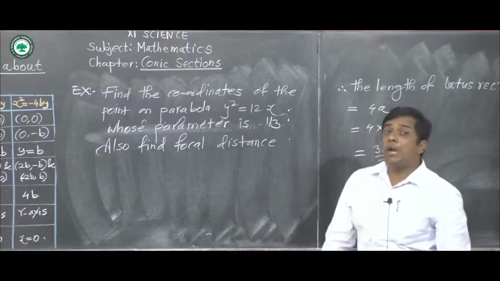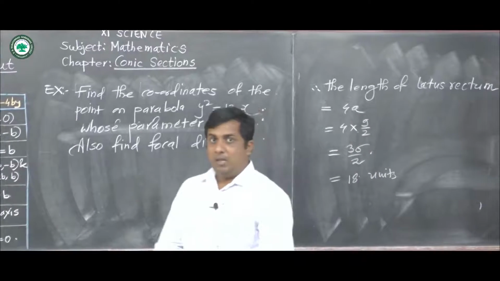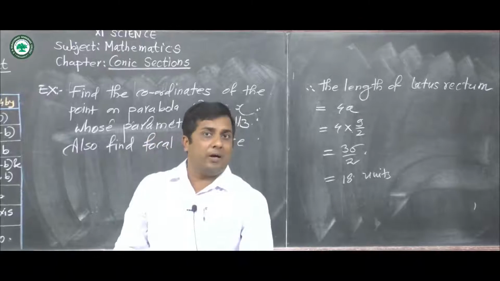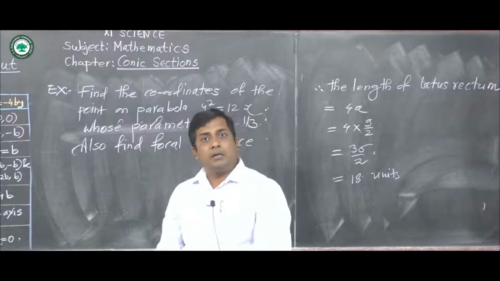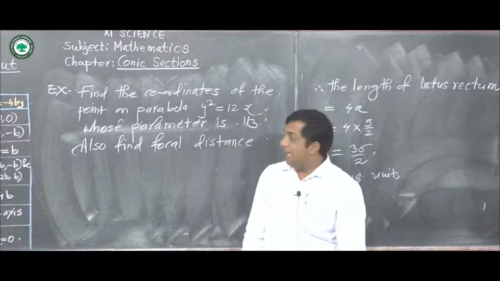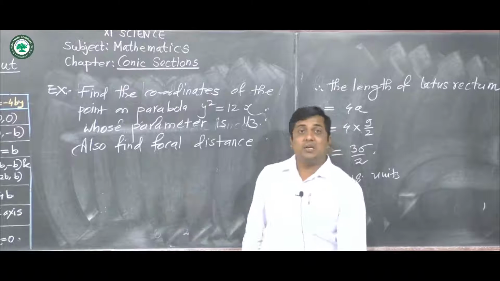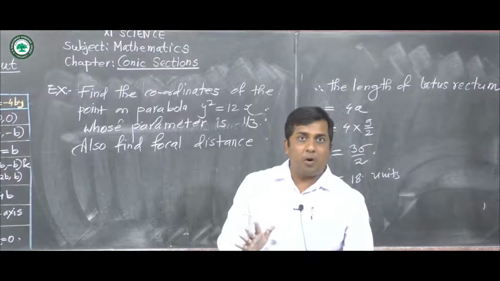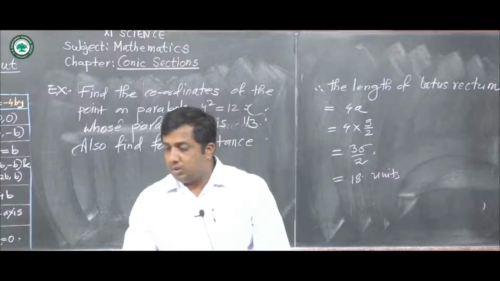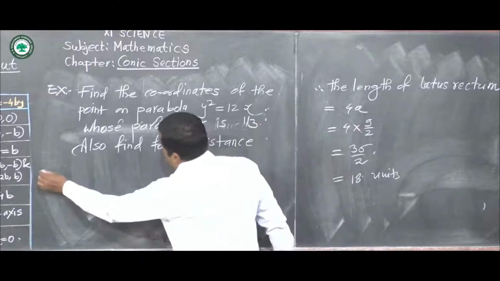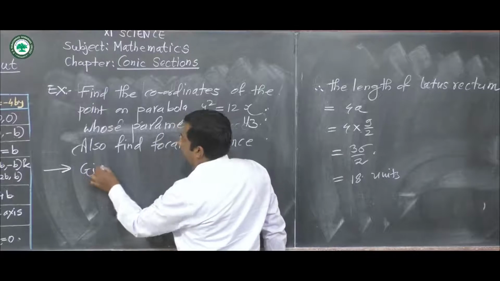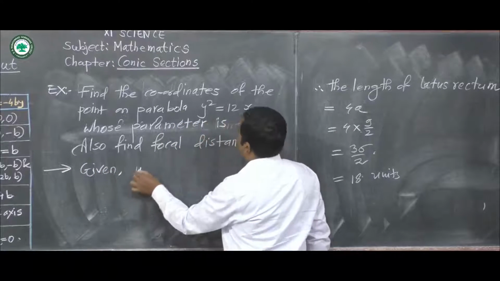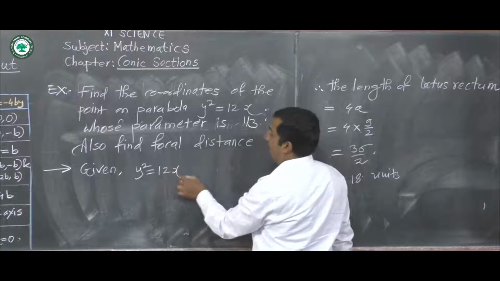Okay. Now here the parameter is given. Parameter means t is given. If parameter t is given, then we have to consider the coordinates of the point in the form of t. So we consider the given things first. The given equation of the parabola is y square is equal to 12x.